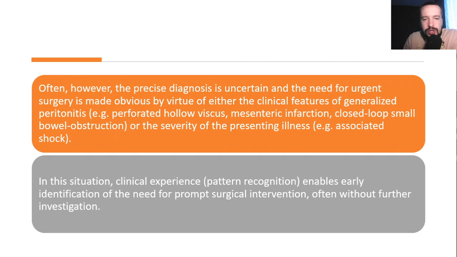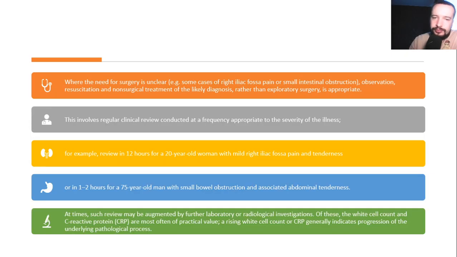In this situation, clinical experience enables early identification of the need for prompt surgical intervention, often without further investigations. Where the need for surgery is unclear, observation, resuscitation, and non-surgical treatment of the likely diagnosis rather than exploratory surgery is appropriate.